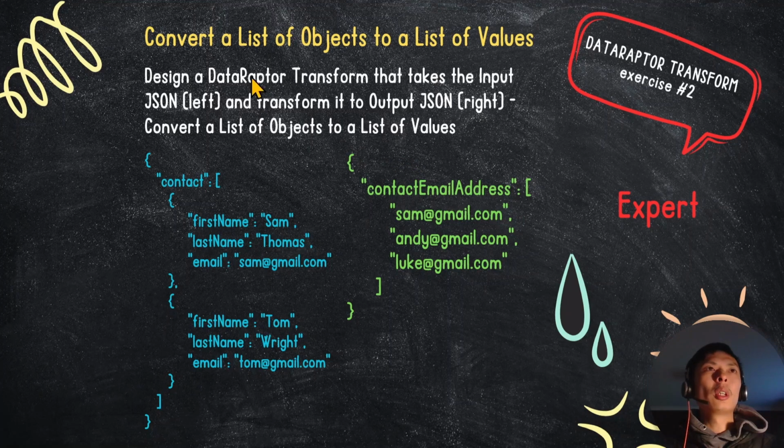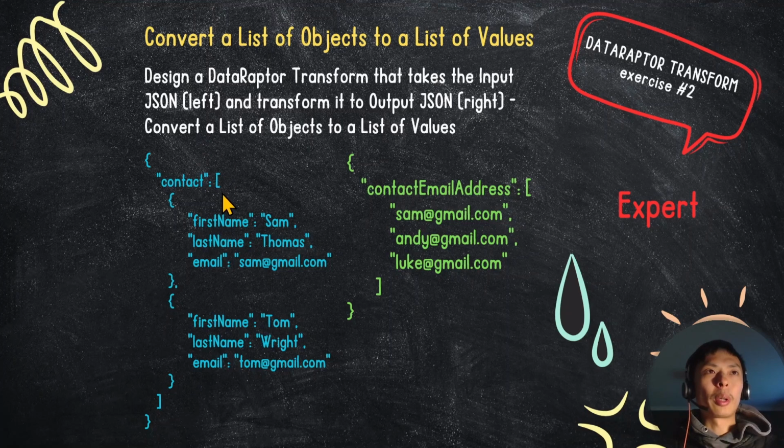Exercise number 2, converting a list of objects into a list of values. In this exercise, we will be designing a DataRaptor transform that takes the input on the left and transforms it into the output on the right.